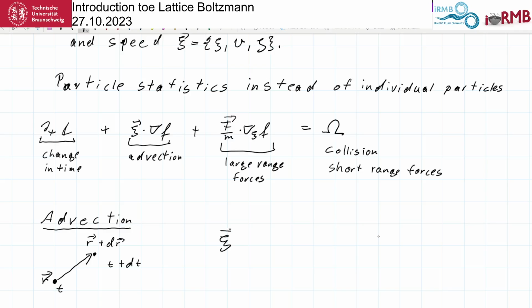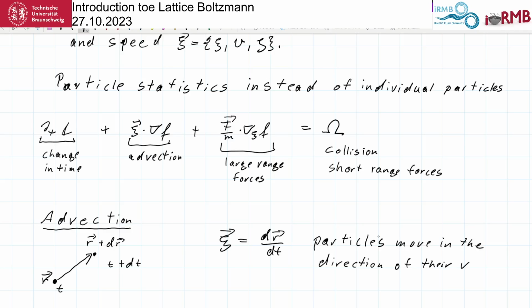And now the microscopic velocity is nothing else than the derivative of its position by time, which is something that you know, right? Just particles move in the direction of their velocity.